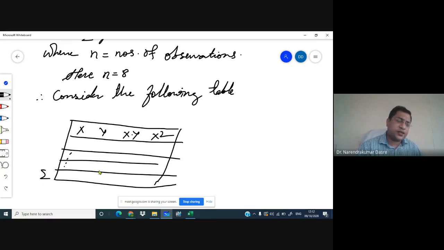We can then put the values in the normal equation and solve it so that we can have the relation. So please make the table and tell me what you are getting.